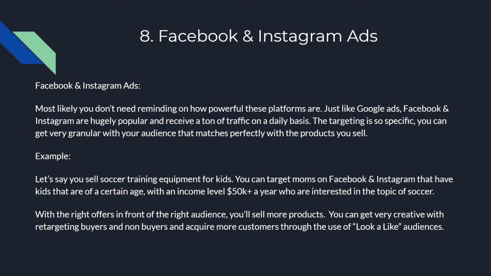You can target moms on Facebook and Instagram that have kids of a certain age, with an income level of 50K plus a year, who are interested in the topic of soccer itself. With the right offers in front of the right audience, you basically sell more products.